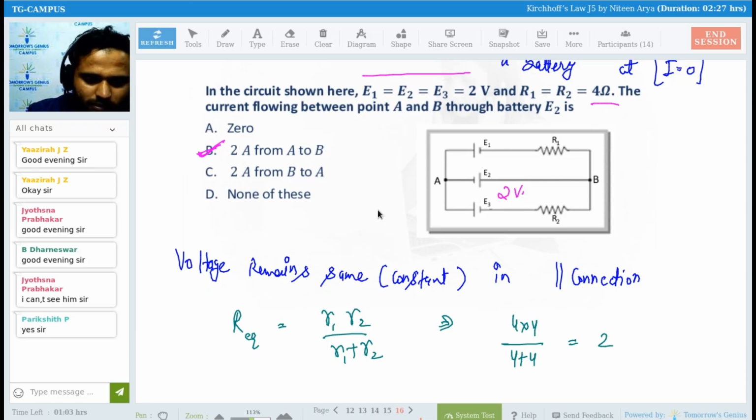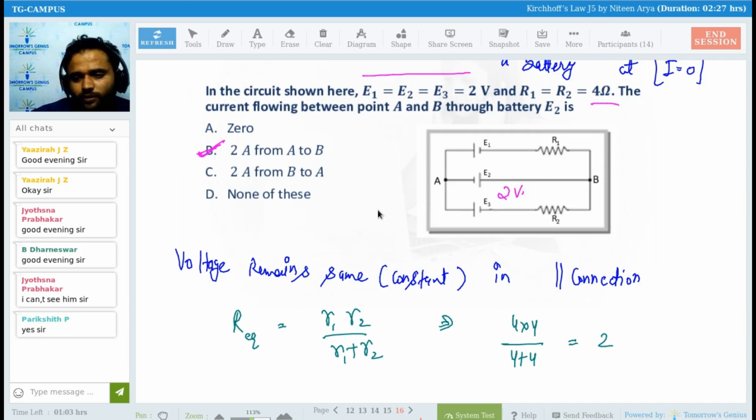Wait. Then there is a catch in this question. Wait. R1, R2 plus 2. I equals 2 plus 2. Why is it written 2 plus 2 volts and R1, R2 into this thing? Okay. Got it.